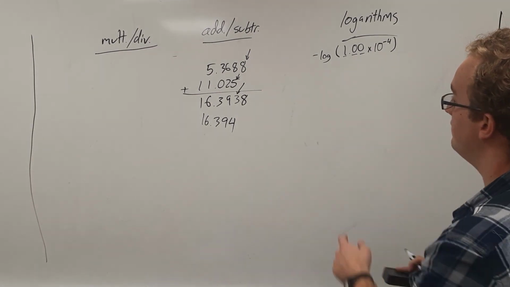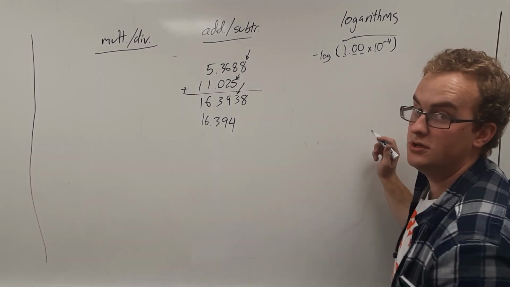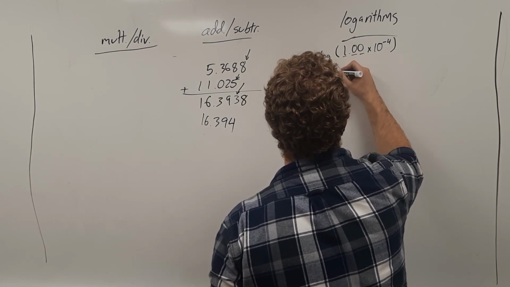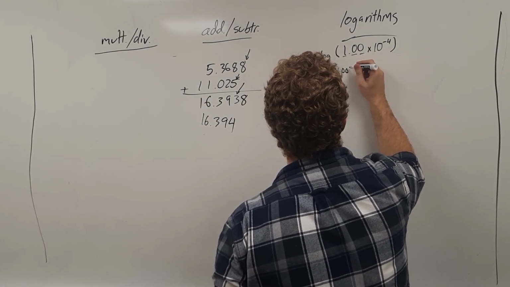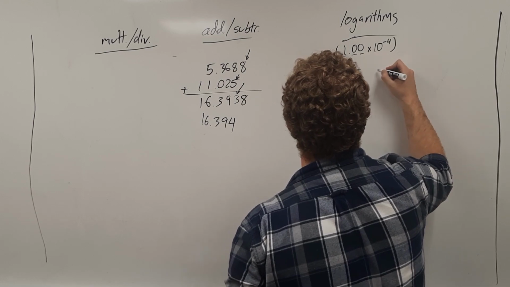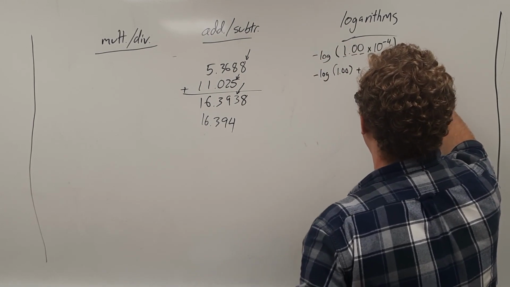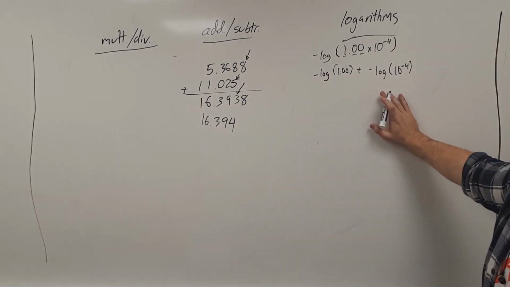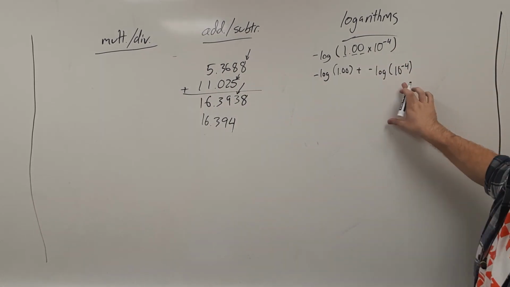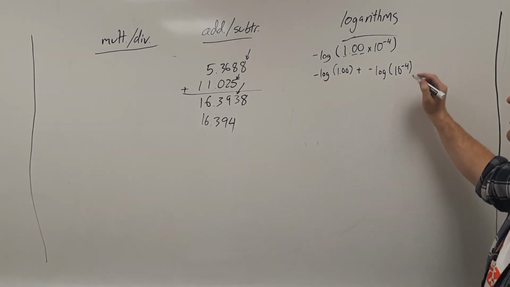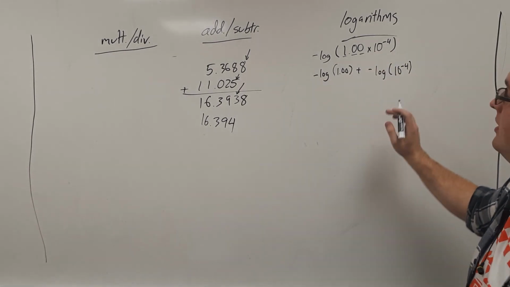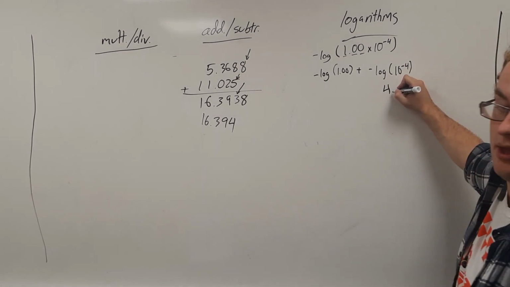So when you take the negative logarithm of this, essentially what you're doing is you're taking the negative logarithm of the first part, and you're also taking the negative logarithm of the second part, right? And so this is going to tell you exactly how big it is, and it's always going to be some exponent that's before the decimal. So this will give you 4, right?